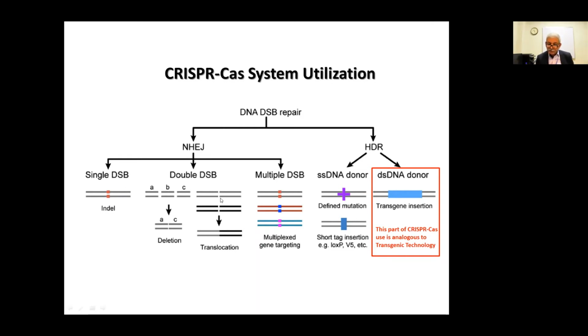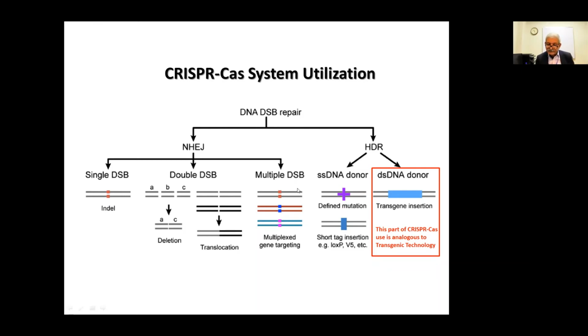Or if you have, on two homologous chromosomes, the breaking of the double strands at two similar positions, it can result in translocation of a segment of DNA from one chromosome to another one. Non-homologous end joining is never preferable until and unless you really want to mess up the DNA. Okay, you want to disrupt the gene.